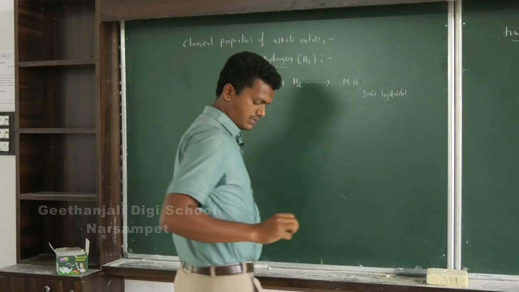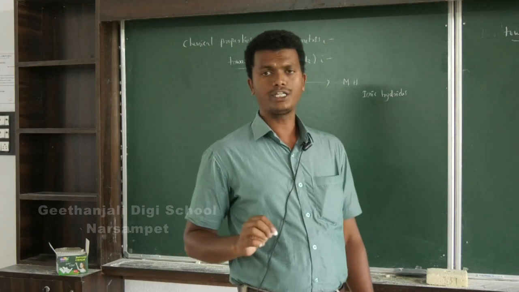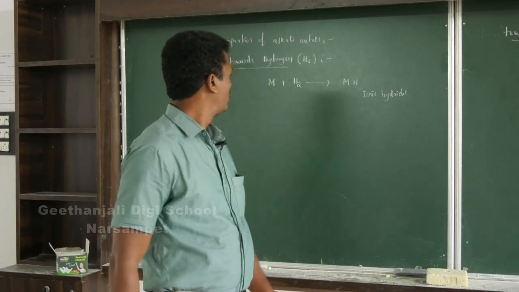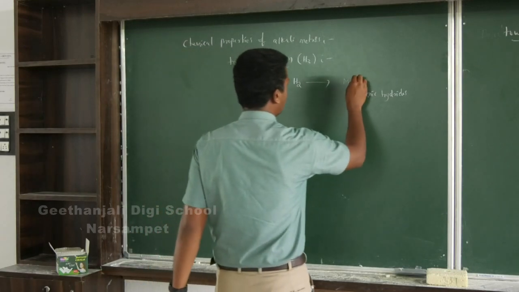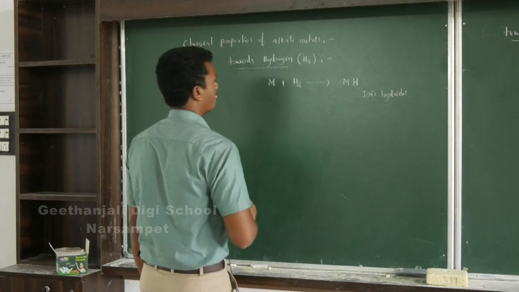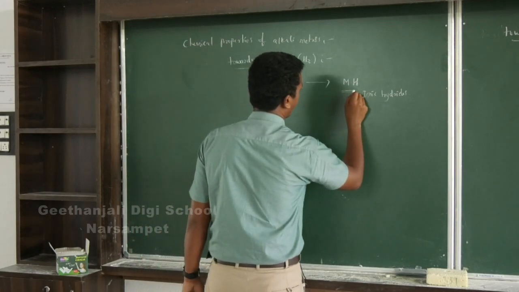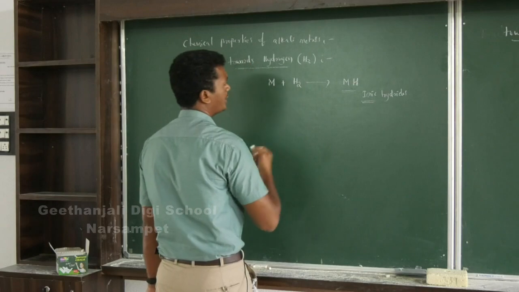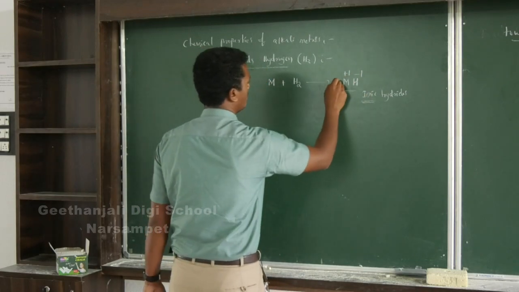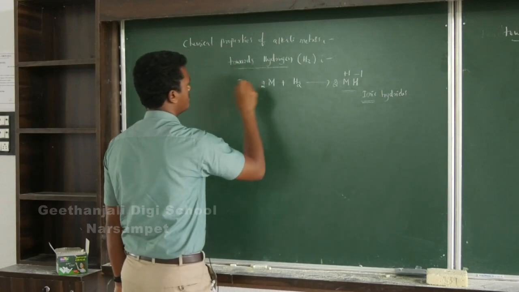Hydrides are the binary compounds of hydrogen with other metals in the periodic table. So these are MH type of hydrides, where M is the alkali metal. The nature of these hydrides is ionic, in which hydrogen is in -1 form and M is in +1 form. So 2MH, 2M is required.